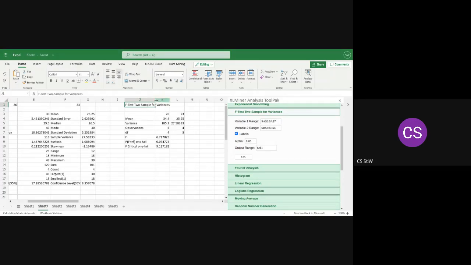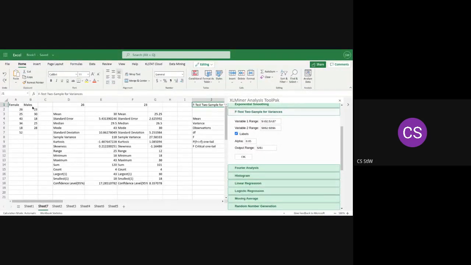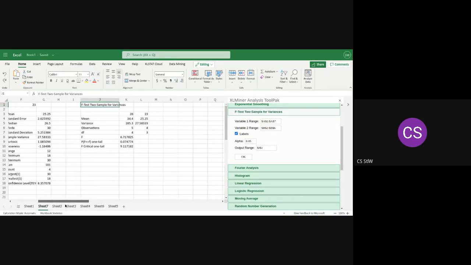That is our F-test for two sample for variances. The 26 and 23 are just the first values in our columns, to guide us on what is what. The mean for the first one is 34.4 and the other is 25.25.